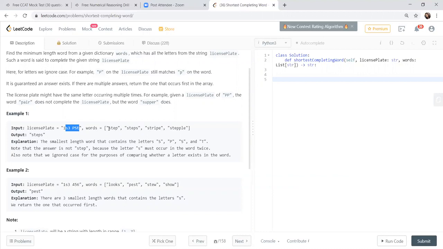It may not work if, for example, in the license plate you have only one S, and in the other one you have two S's, and when we look for the substring, we don't find a match. Why don't we have a match?